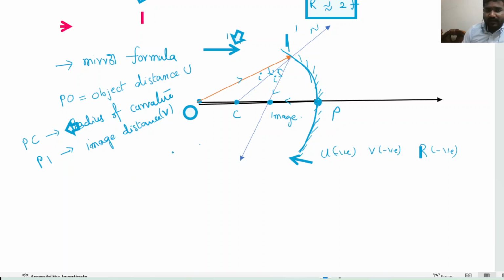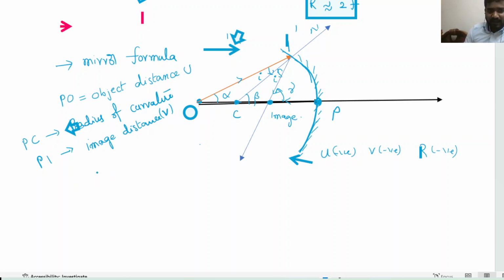Now in the triangle O P dash C, if the incident ray makes an angle alpha with the principal axis, the normal makes an angle beta, and the reflected ray makes an angle gamma, where alpha, beta, gamma are the angles subtended by the incident ray, normal and reflected ray.